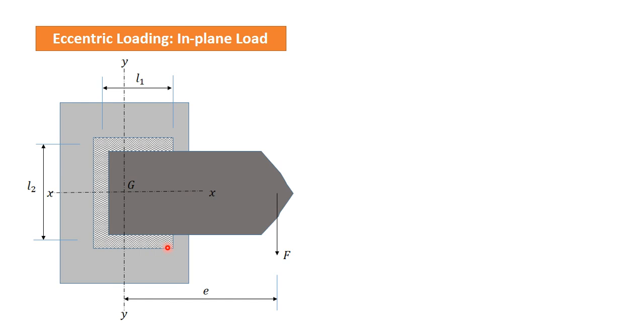For this, we first find the CG of the weld geometry or weld group, and then we shift this load F to this point G, and then we can find out the effect of the load on the weld.